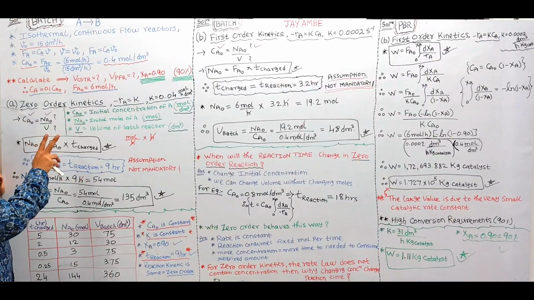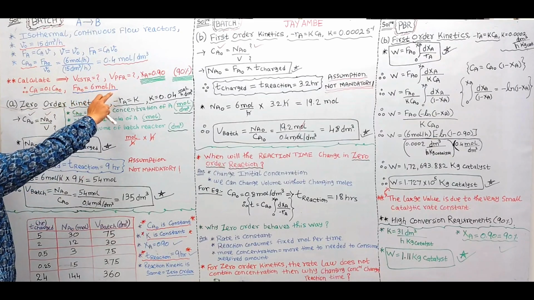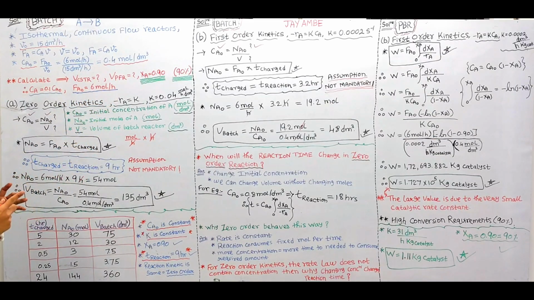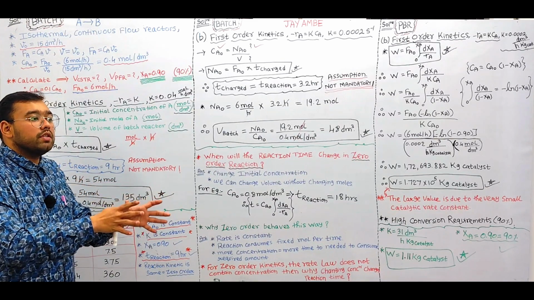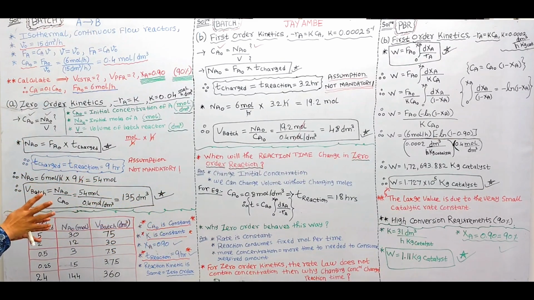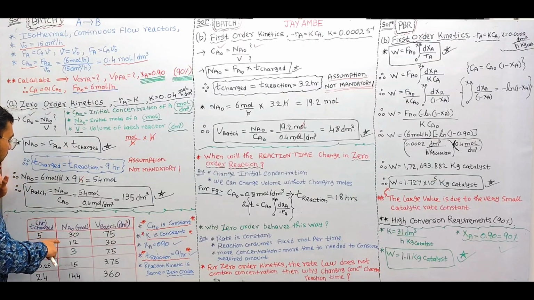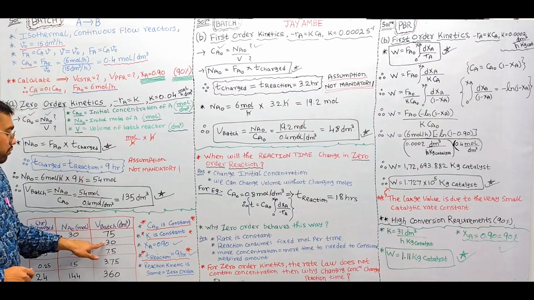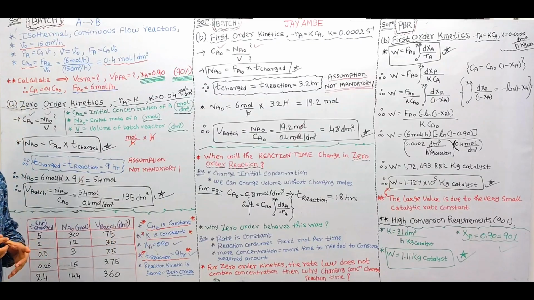The molar flow rate is constant at 6 moles per hour, so after 1 hour we have 6 moles in the batch reactor, and after 2 hours we have 12 moles. Likewise, using the initial number of moles and the initial concentration, we can calculate the volume of the batch reactor, which comes out to 30 liters. I hope you have understood.